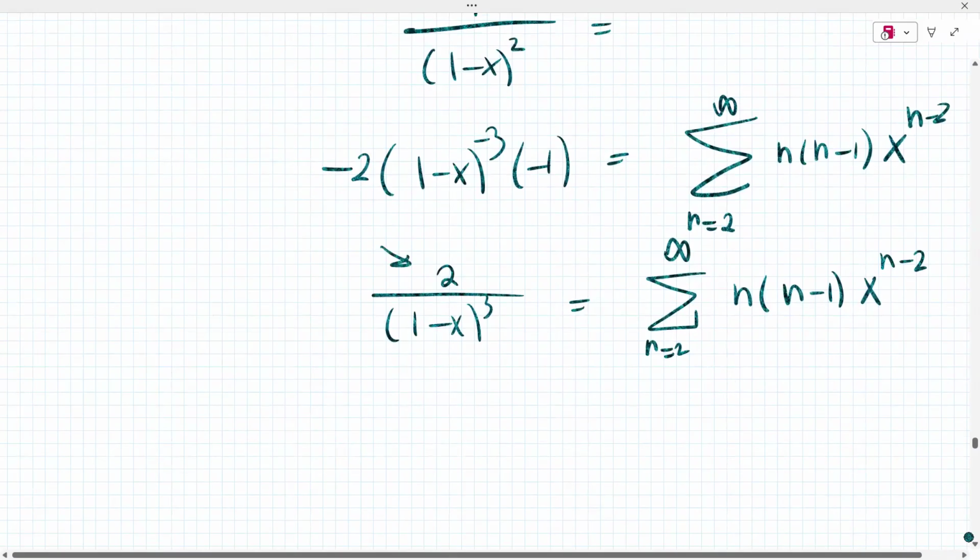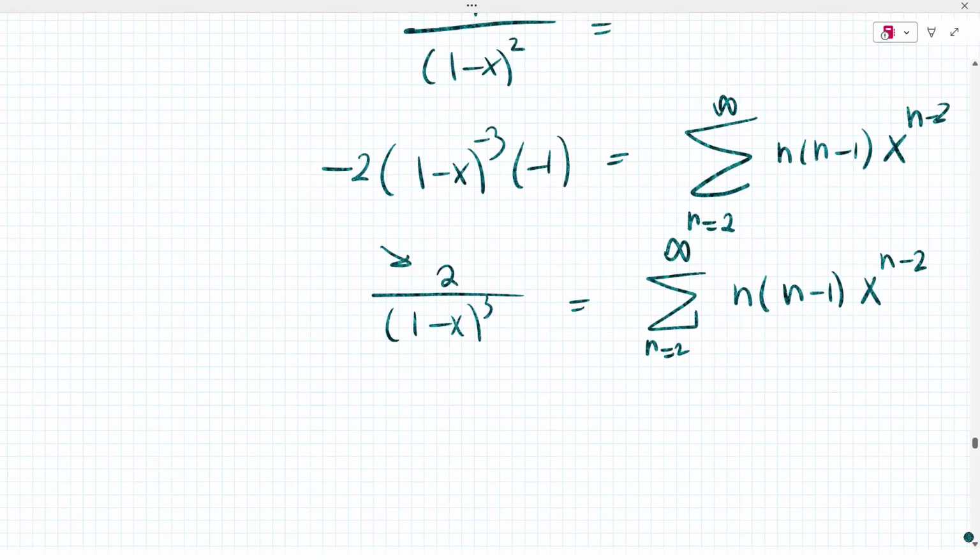Let's get rid of this 2 because we want to make it into 1. So to get rid of this 2, you're going to multiply both sides by 1/2, right? So this now becomes a 1.